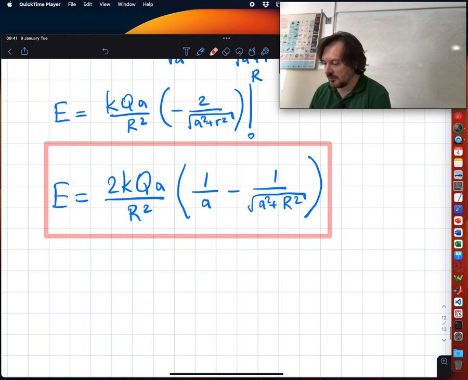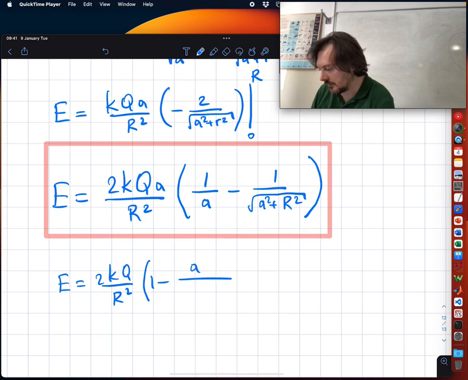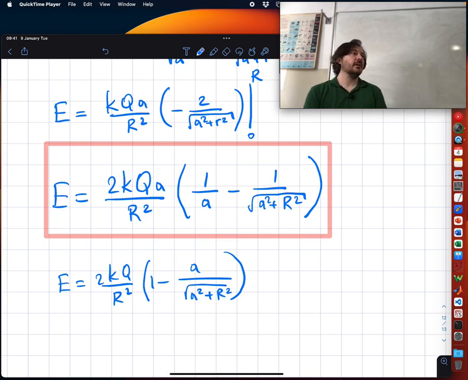So one other way of writing this down is E equals 2kq over R squared, and taking A in, I get maybe a prettier formula. Good, very good.